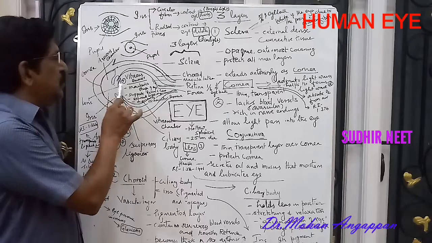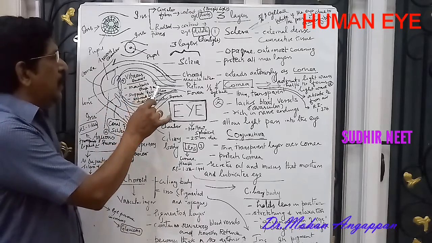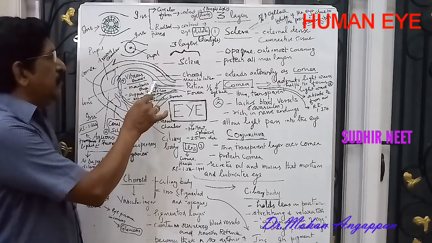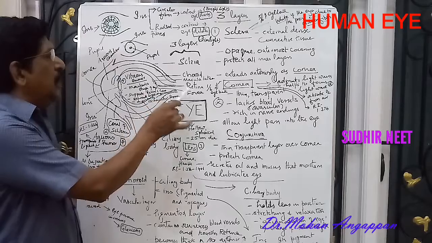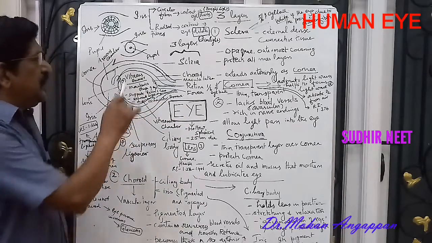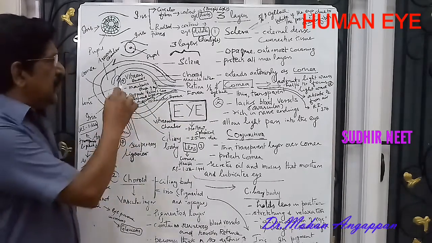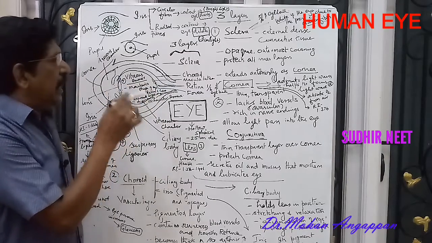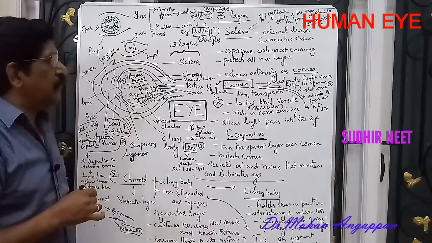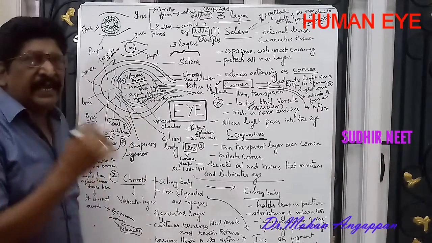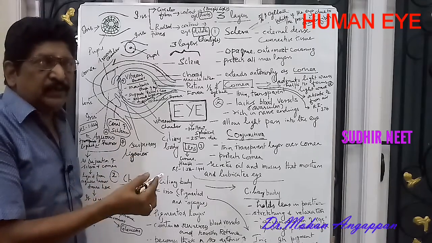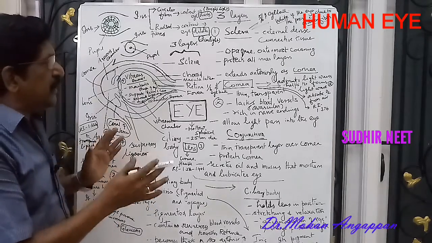So just opposite to the lens, we get macula lutea in the retina with the furrow called fovea. The structure of retina and the mechanism of sight, we can see in the next video.